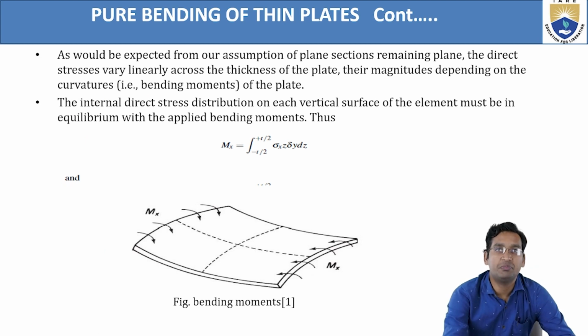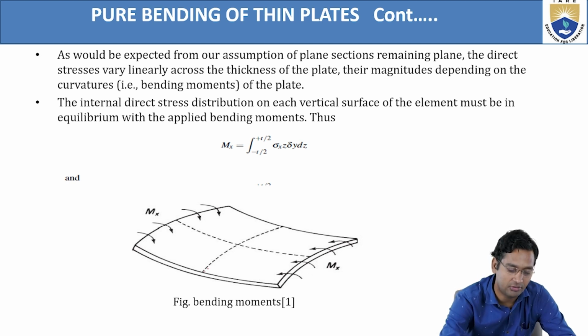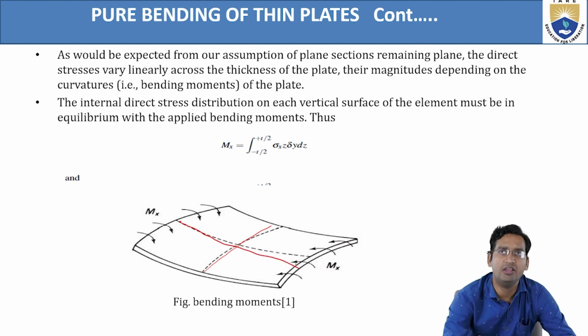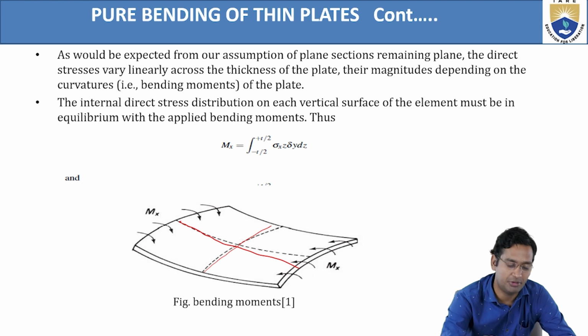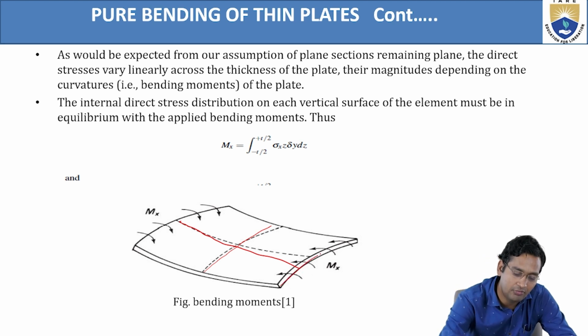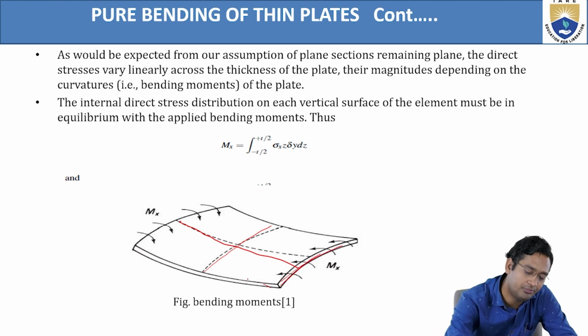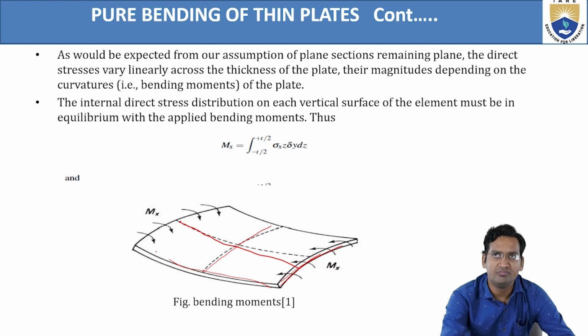As would be expected from our assumption of plane sections remaining plane, meaning that the middle plane, like this one, remains plane, the direct stress varies linearly across the thickness of the plate. It will vary like this, with magnitude depending on the curvature.